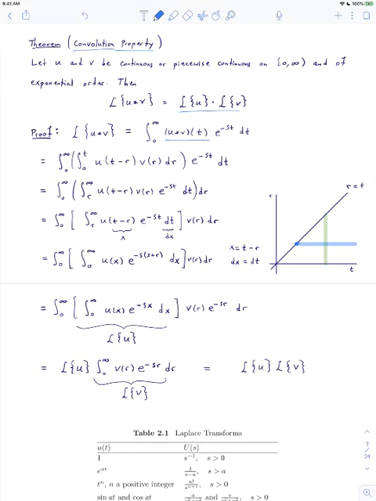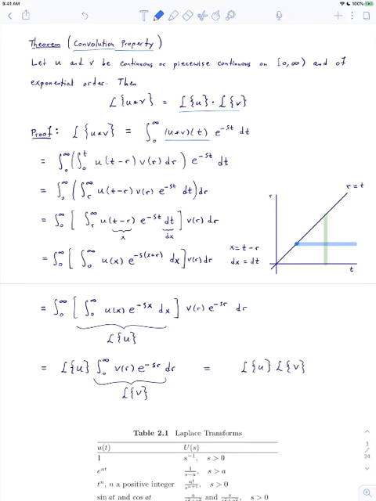On the outside we have the integral with respect to t from 0 to infinity, and on the inside we have an integral with respect to our dummy variable, r, from 0 to t. Here I'm using r as my dummy variable again because I'm already using s for something else. s is the transform domain for the Laplace transform in this case.